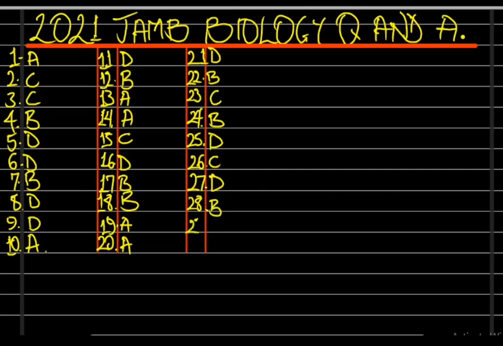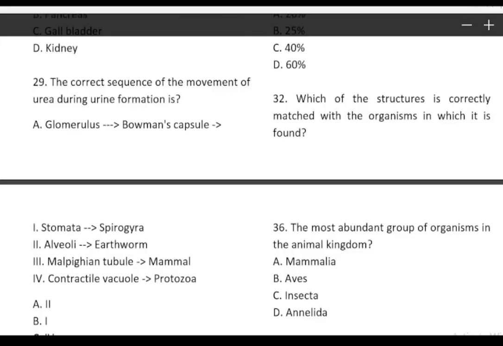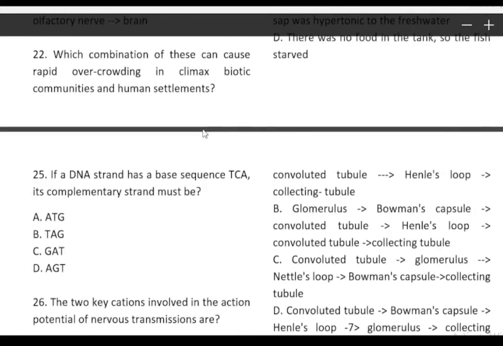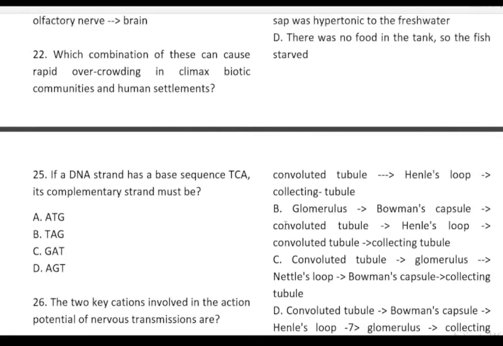And then question 29. The correct sequence of movement of urea during urination is A. Glomerulus, Bowman's capsule, convoluted tubule, Henle's loop, collecting tubule. B. Glomerulus, Bowman's capsule, convoluted tubule, Henle's loop, convoluted tubule, collecting tube.